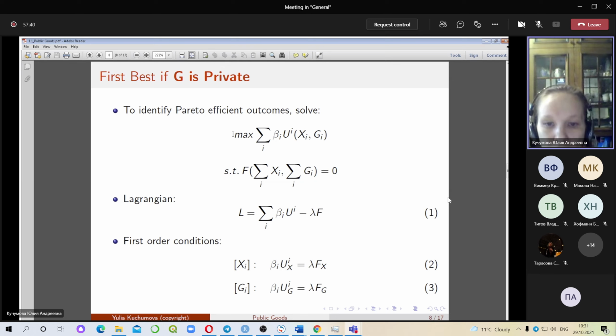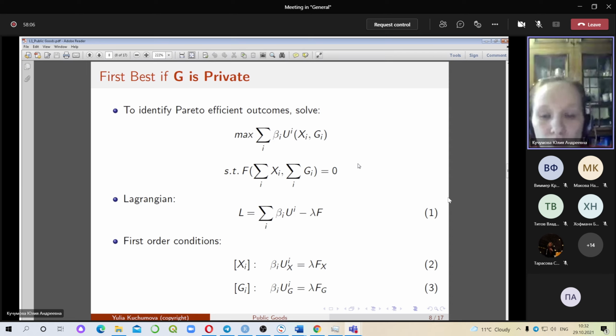It's important here that we maximize with respect to xi and gi. By solving this problem, we will identify the Pareto efficient outcomes in this economy. So how do we derive the solution?